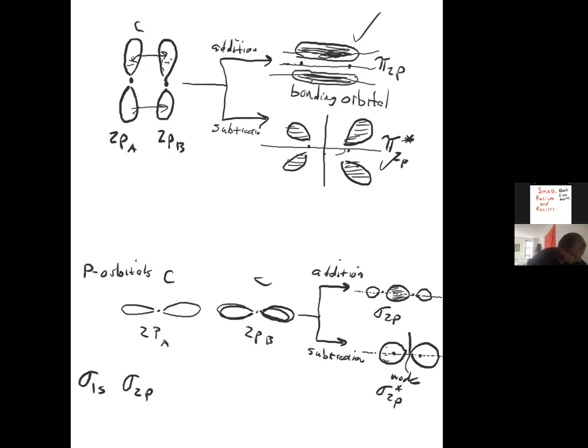We have sigma star 1s, sigma star 2p. So those are the first 4 that we did, right? We did these 2 here, with the S ones, earlier. But now we have these pi's. So we have pi 2p and we have pi star 2p. So you now have 6 possible molecular orbitals.